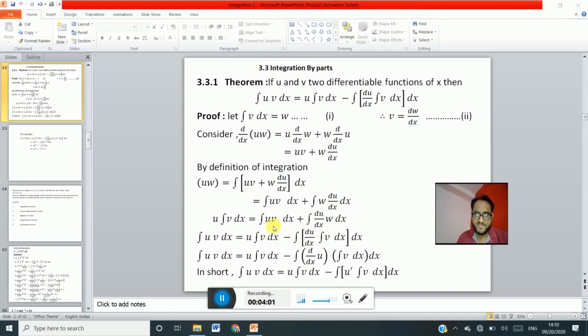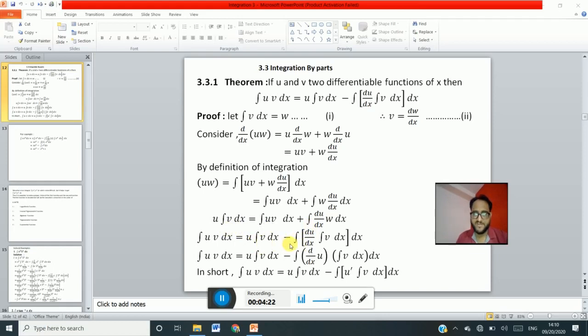Then this integration of uv dx goes to the left side, that is, integration of uv dx equals u into integration of v dx on the right side. On the other hand, we say that this term goes to the right side and this positive term goes to the left side, that is negative, right?